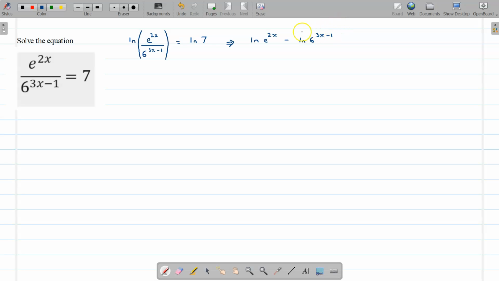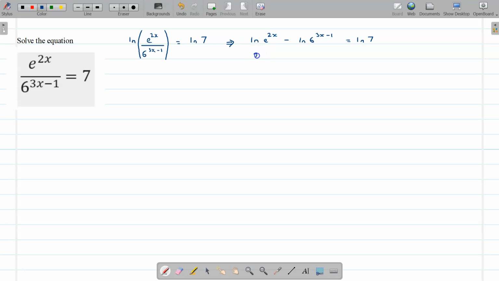That's applying the division rule for logarithms, which leads to a subtraction of two separate logs, and that equals the log of 7. Now the log of e to the 2x: because log and e are inverse operations, we can cancel them out, so we've just got 2x.